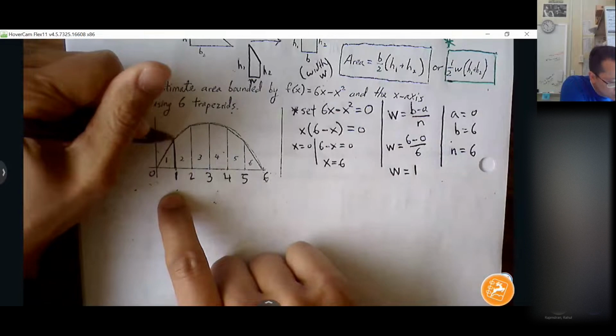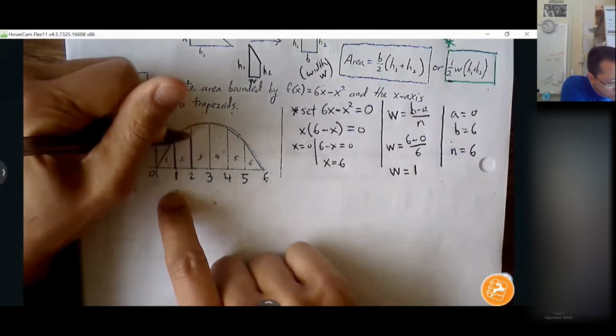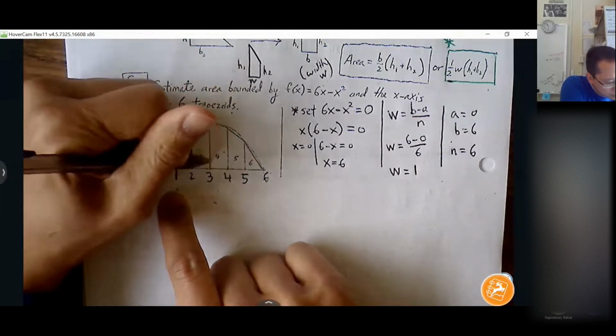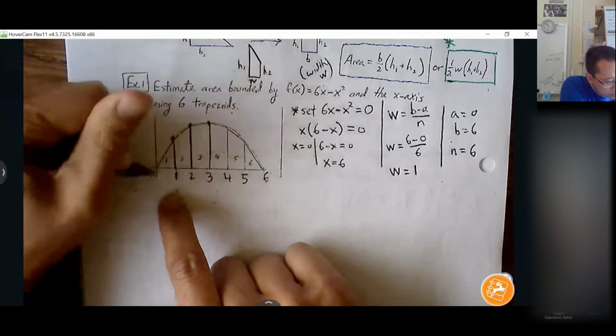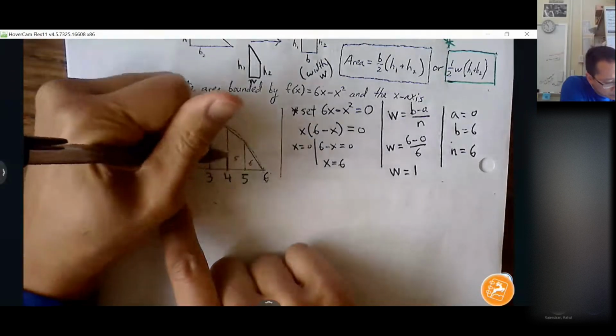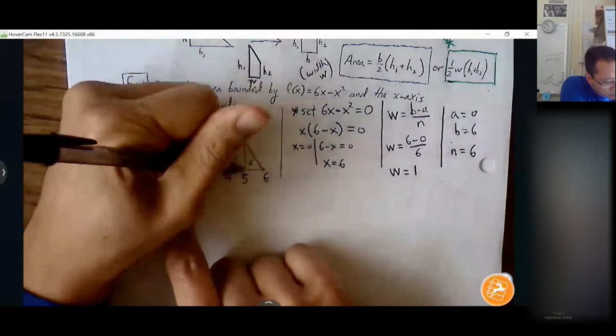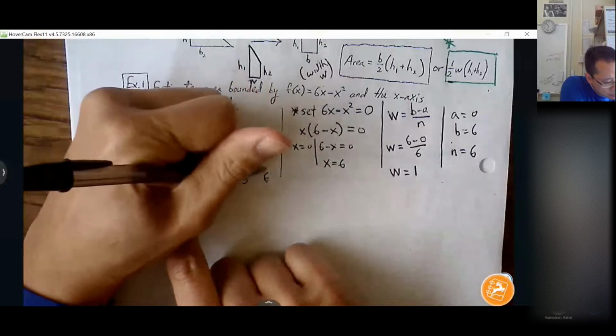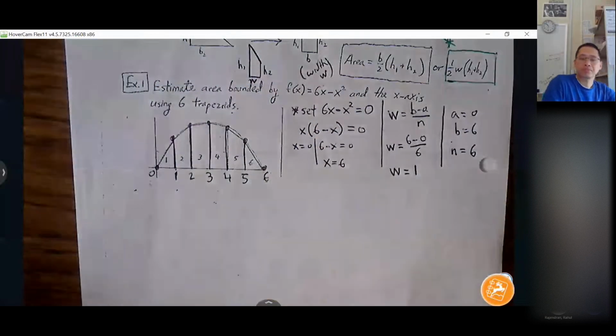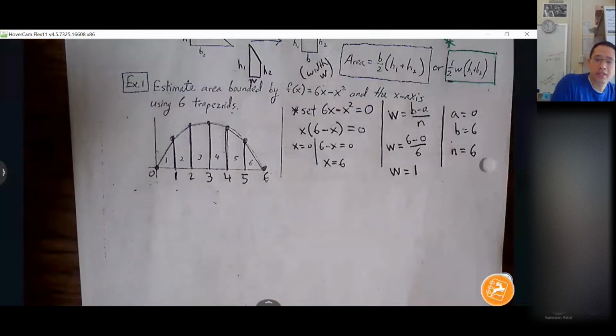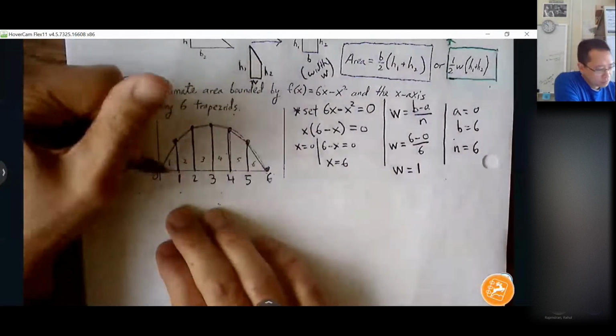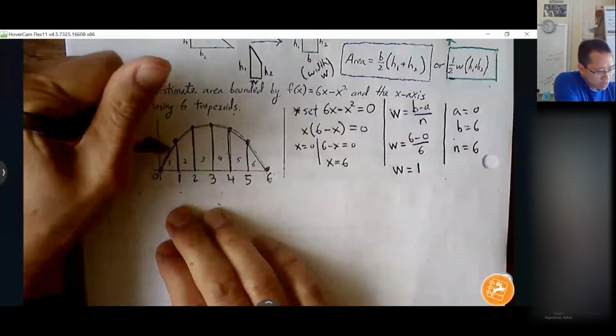And highlight those points where they intersect. Now let's just connect the dots using diagonal lines.